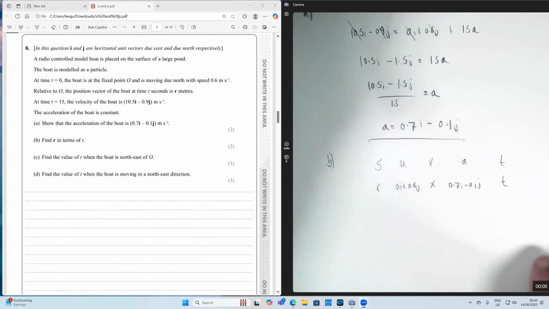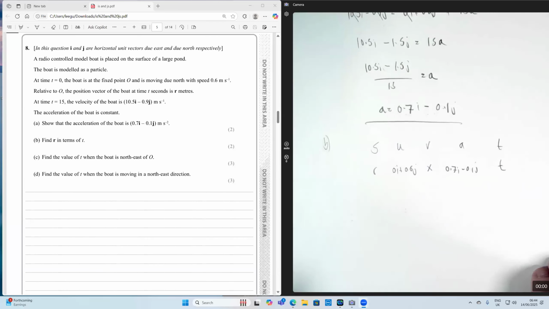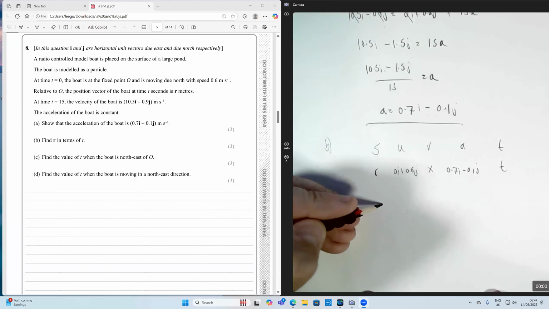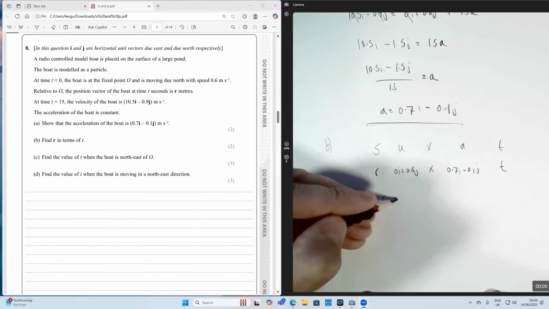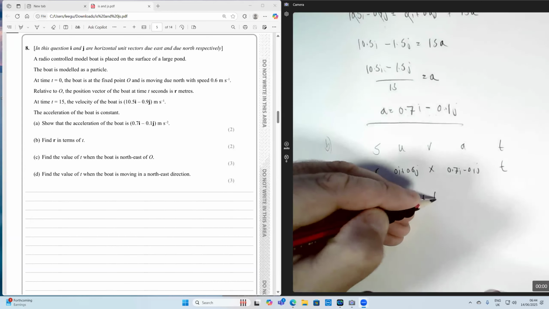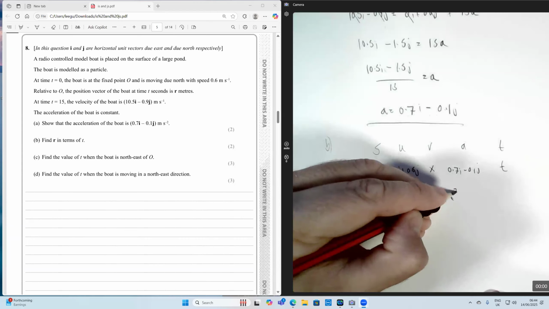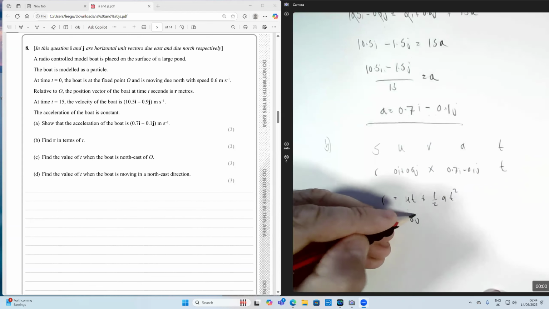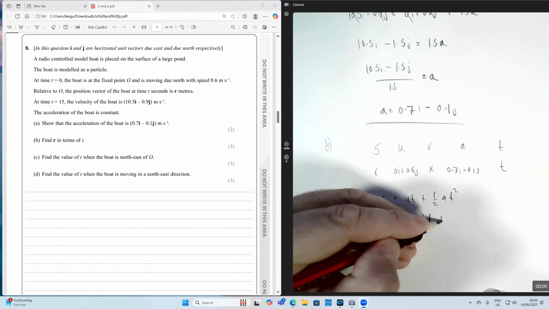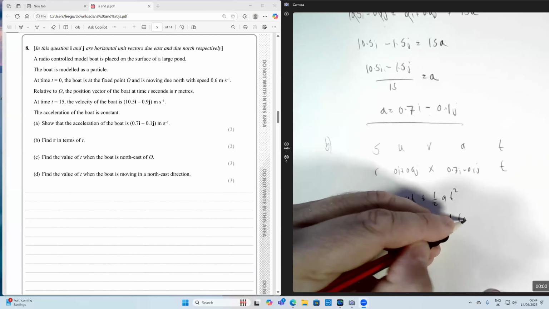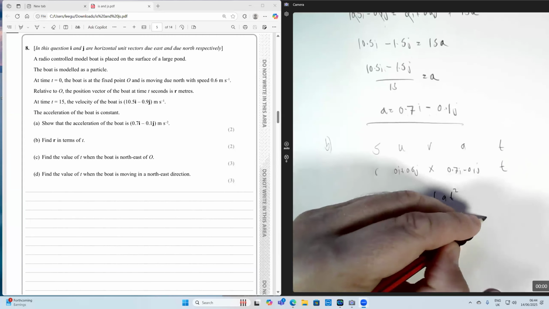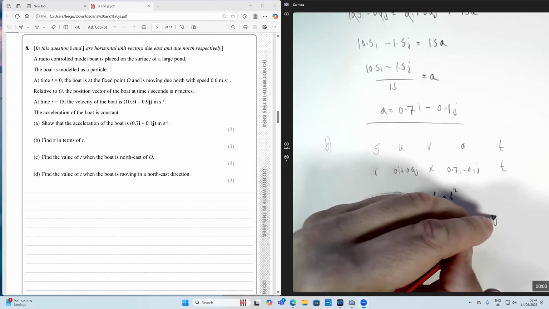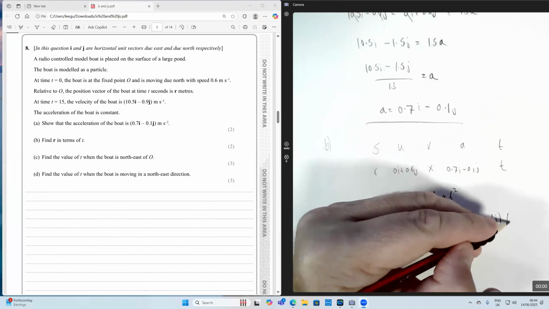So we can write down our s equals ut plus half at squared, vector equivalent, which is that r is equal to ut plus half at squared. So our r is equal to 0.6j times t plus a half times 0.7i minus 0.1j times t squared.